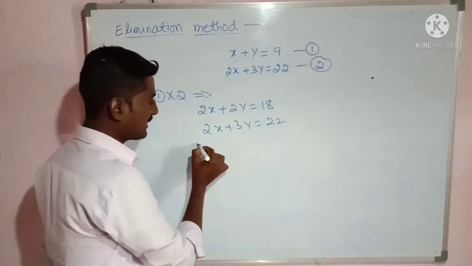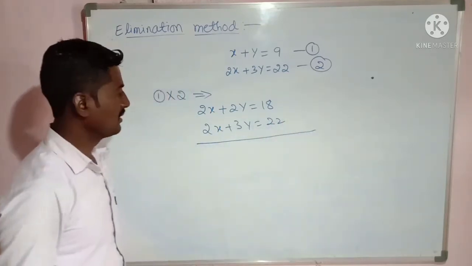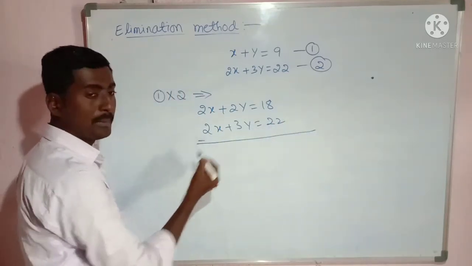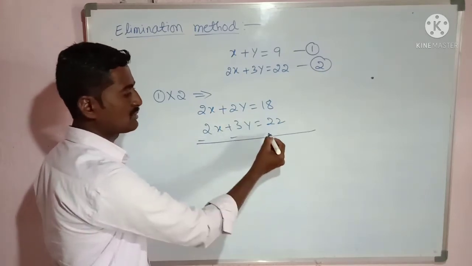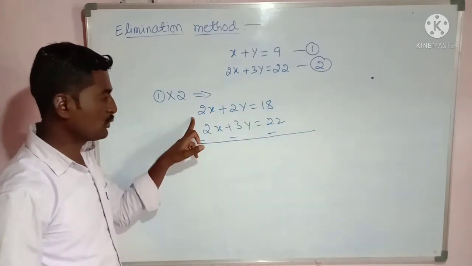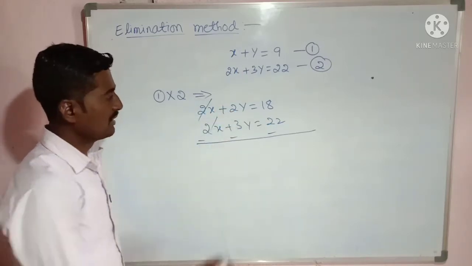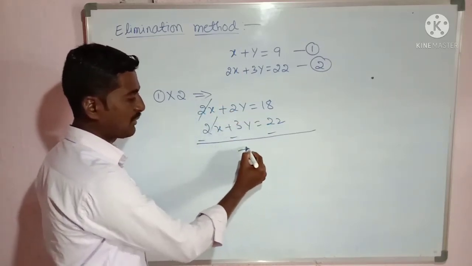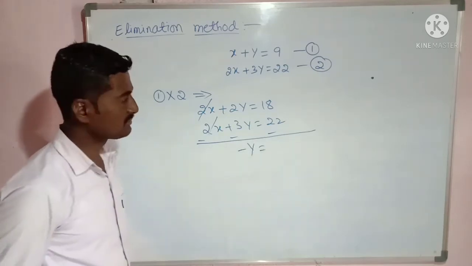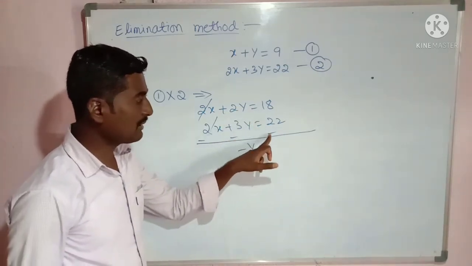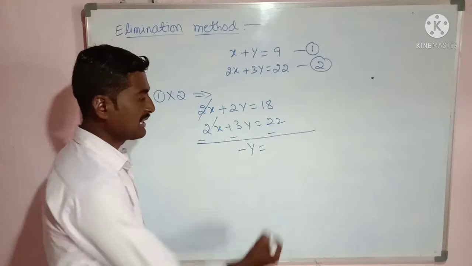Okay. Now let us subtract this. So for subtraction, plus will become minus. Plus 2x and this minus 2x get cancelled. Plus 2y minus 3y, that is minus y. Plus 18 minus 22, that is how much?